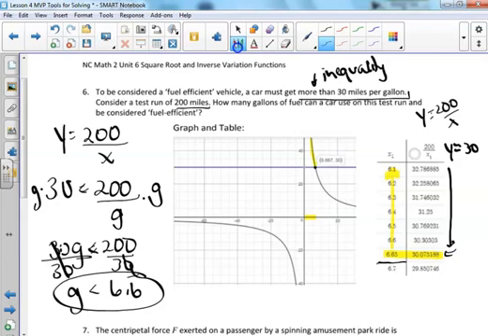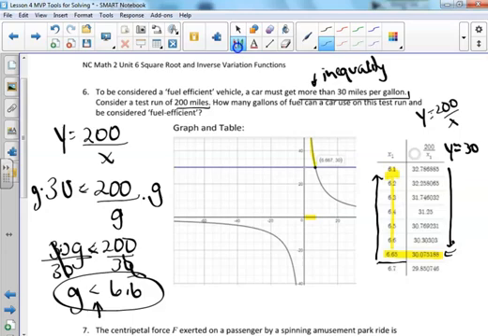So we see that 6.6 would be an option for us for gallons. But we also notice that everything less than that will also be options for us because g needs to be less than 6.6. Therefore, we have many solutions.